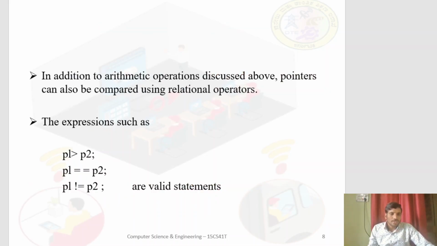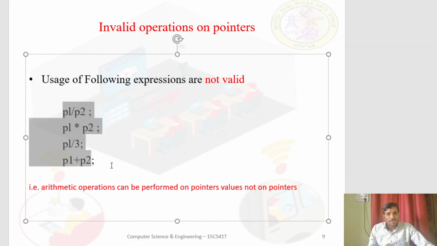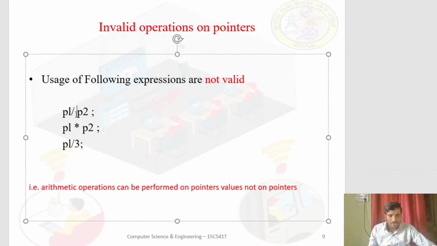What are the operators which cannot be applied on the pointers, or what types of expressions are not allowed on pointers? Simply, such types of operators are not allowed. For example, dividing one pointer by another pointer, or multiplication of two pointers, or dividing a pointer by an integer number.